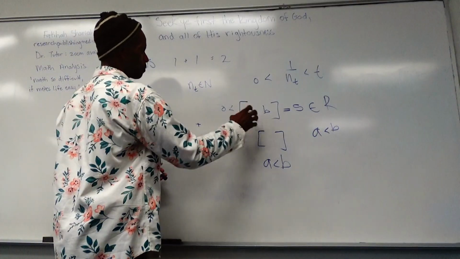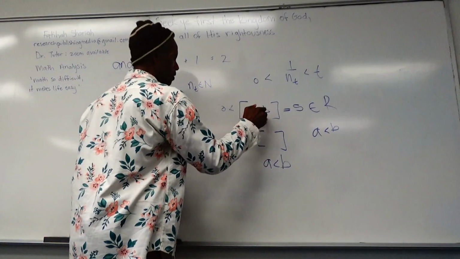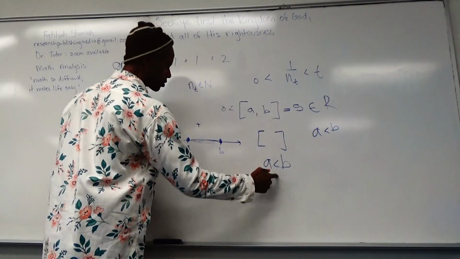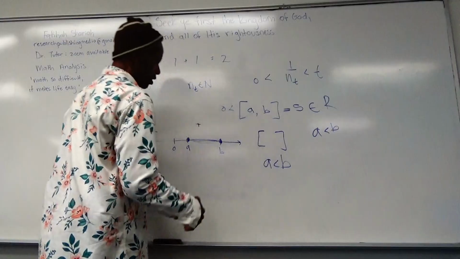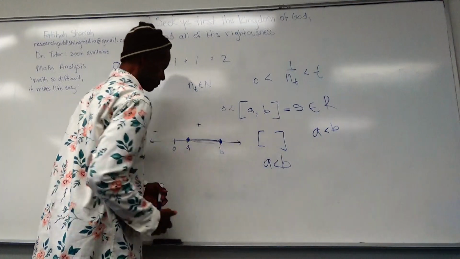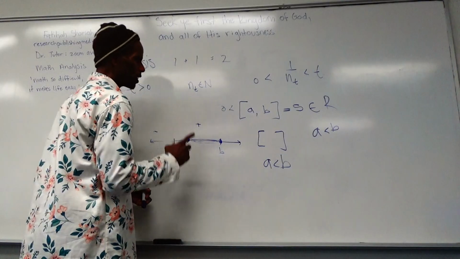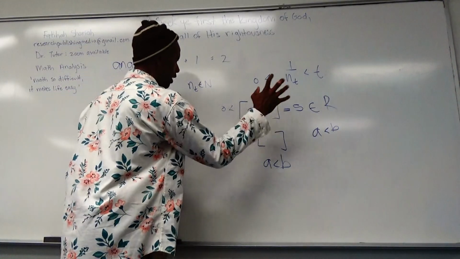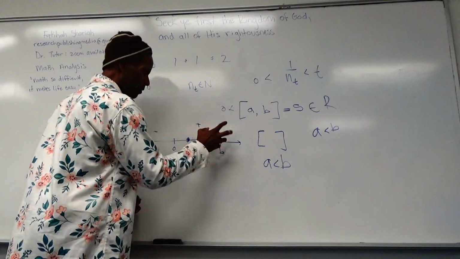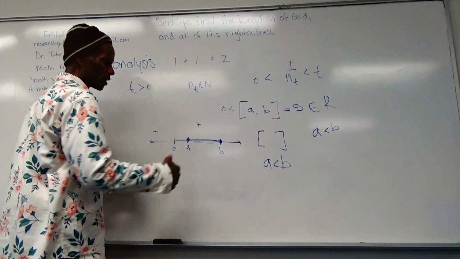So you have a certain amount of space between A and B, and initially we assume that A is less than B because of how you read this closed set in literature. But then we also define it. We say A less than B. So because S is in a real number set, you have a certain amount of space or density of numbers. But within this set of numbers, it's closed. So we're speaking about every number in this set between A and B, including A, and every number between A and B, including B. And that's a closed set.